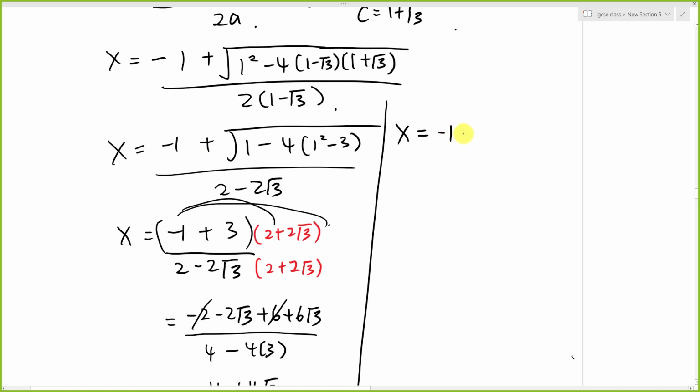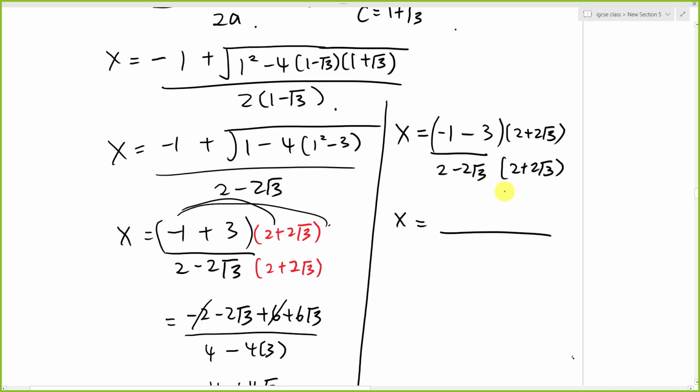So I will have minus, this one we know is 3 here, over 2 minus 2 root 3 here. Then we multiply by 2 plus 2 root 3. Let's see what happens. So the denominator we just solved already is 4 minus 12, which is negative 8 here. And then this one I multiply, I get negative 2 minus 2 root 3, and then negative 6 minus 6 root 3.